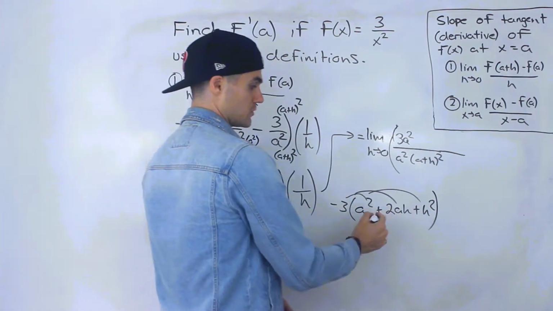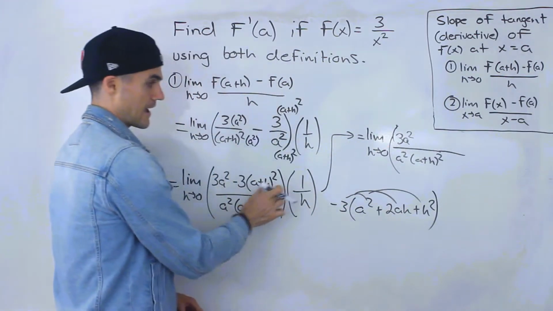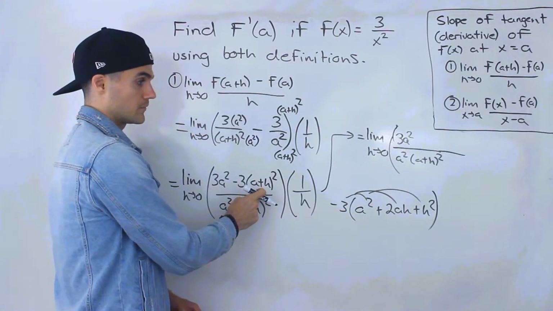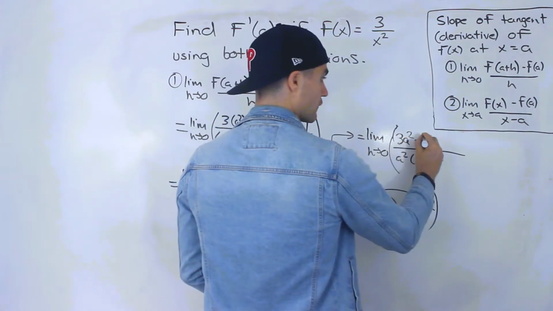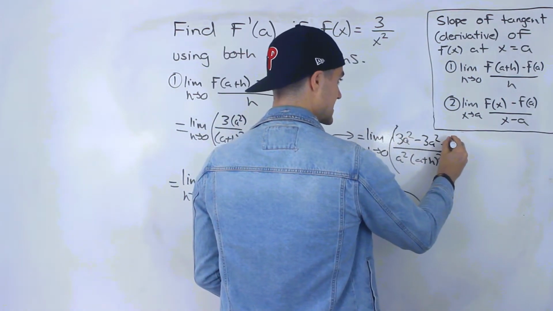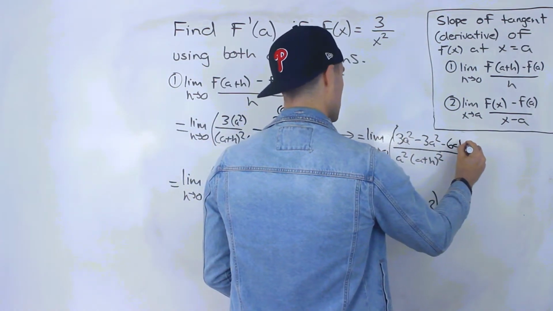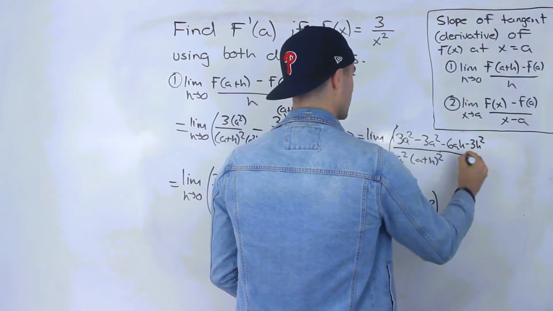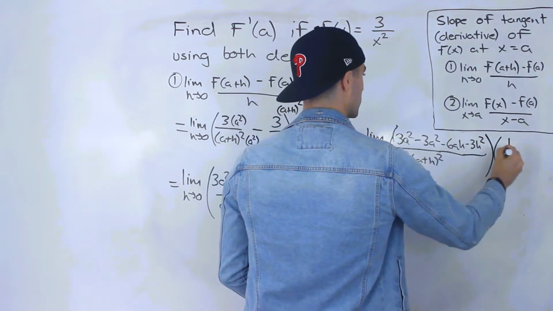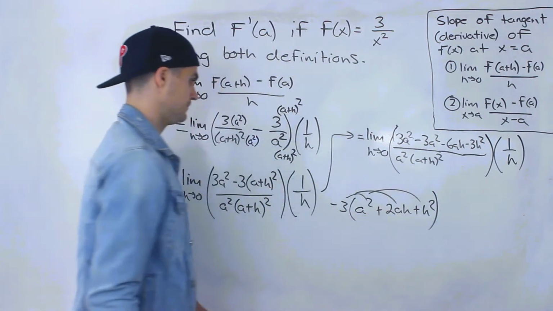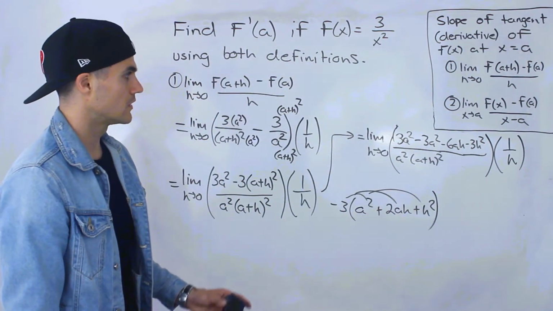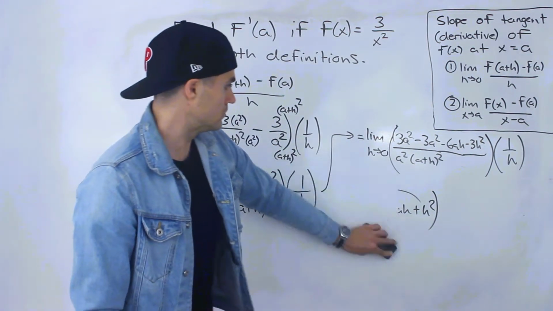So after we distribute the negative 3 inside that bracket, this FOILed term, we'd get negative 3a squared minus 6ah minus 3h squared. This is still going to be multiplied by 1 over h.